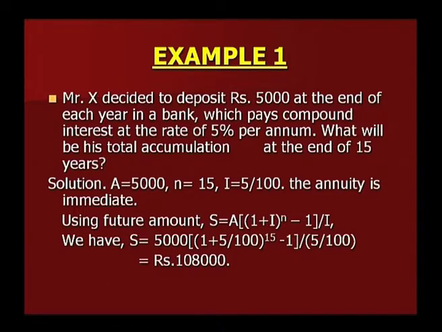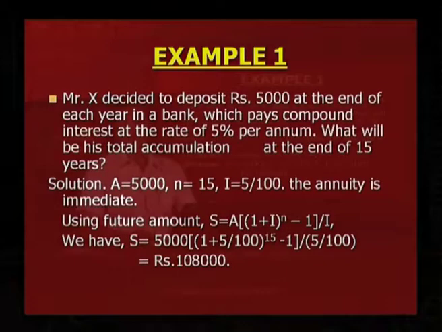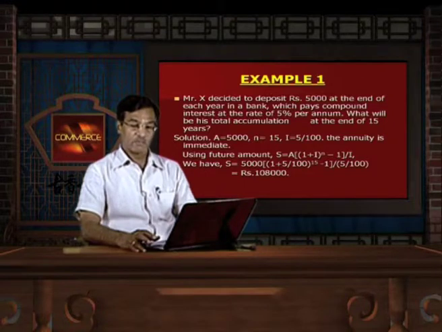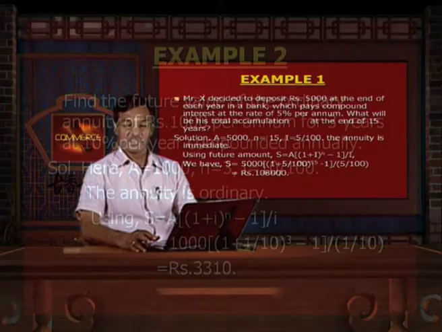The annuity is immediate, therefore, using the future amount S is equal to A 1 plus I to the power n minus 1 whole divided by I, we have S is equal to 5,000 multiplied by 1 plus 5 upon 100 to the power 15 minus 1 whole divided by 5 upon 100, that is equal to rupees 108,000. This calculation is performed by using logarithmic calculation or scientific calculator.